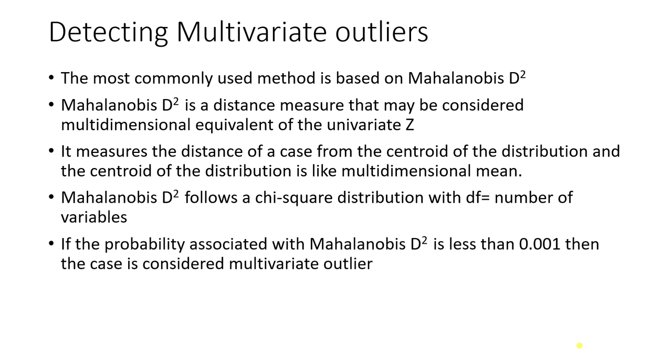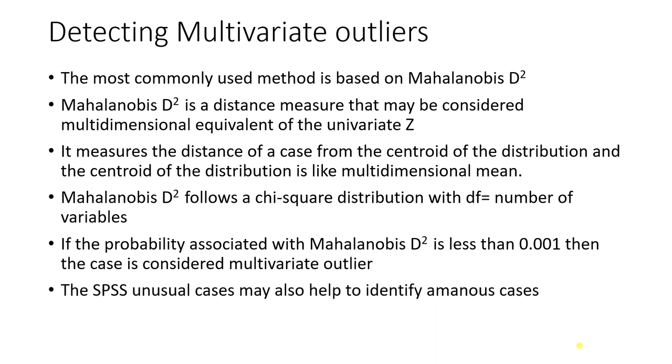And if the probability of the Mahalanobis D square, which is equivalent to chi-square, is less than 0.001, suppose it is 0.0001, then it will be considered an outlier. But if it is 0.01, then it is greater than 0.001, so that particular case will not be considered a multivariate outlier.